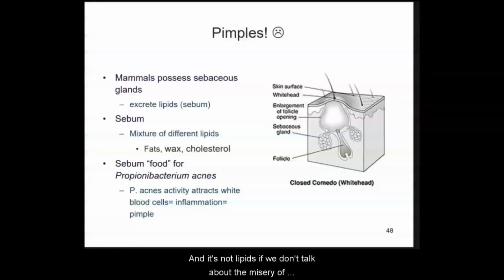And it's not lipids if we don't talk about the misery of lipids, which are pimples. As mammals, we have sebaceous glands, and the lipids that the sebaceous glands secrete are called sebum. Sebum is composed of a bunch of different lipids. Here's a hair follicle, and there is bacteria that live on the surface of our skin naturally, one of them being Propionibacterium acnes.